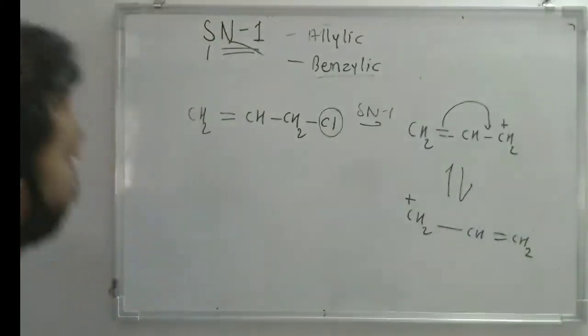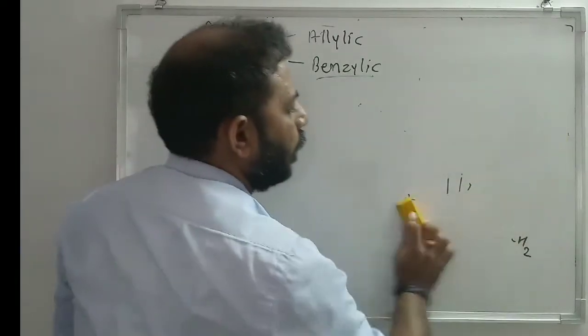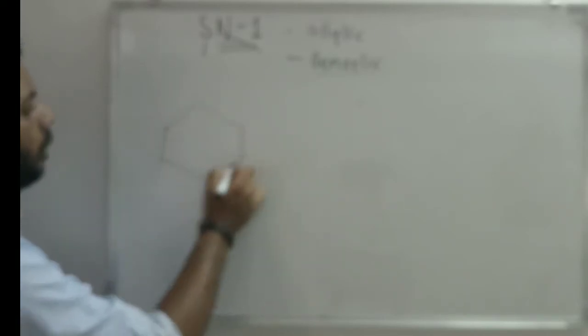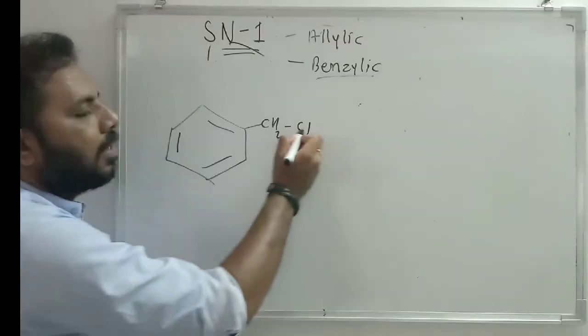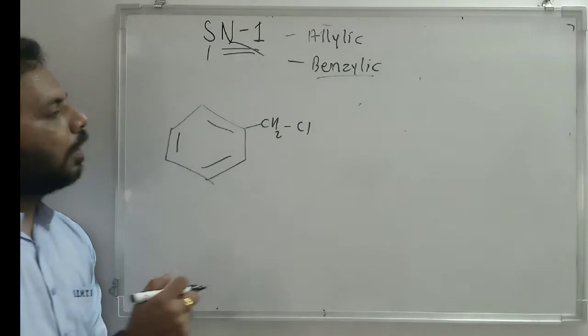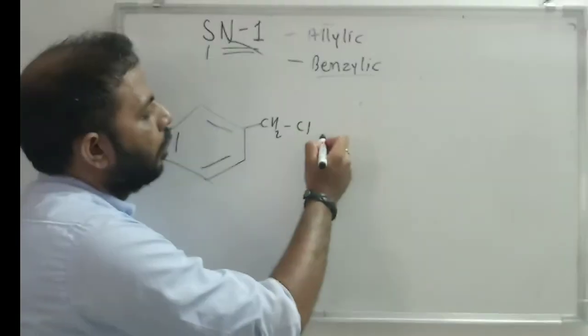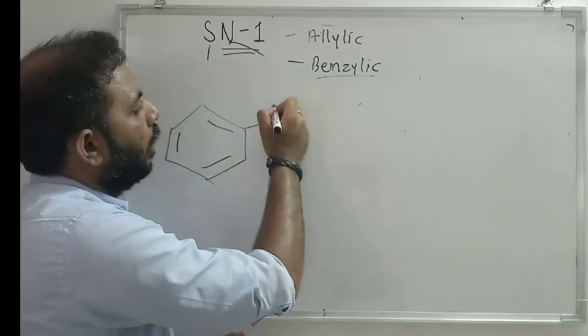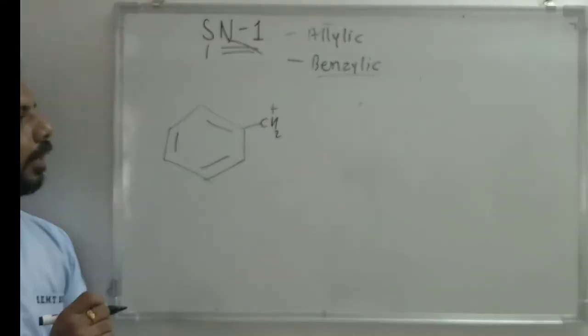Now what is the reason for benzylic reactivity? So this is a benzylic compound. As we know, halogen will be released and there will be formation of carbocation.